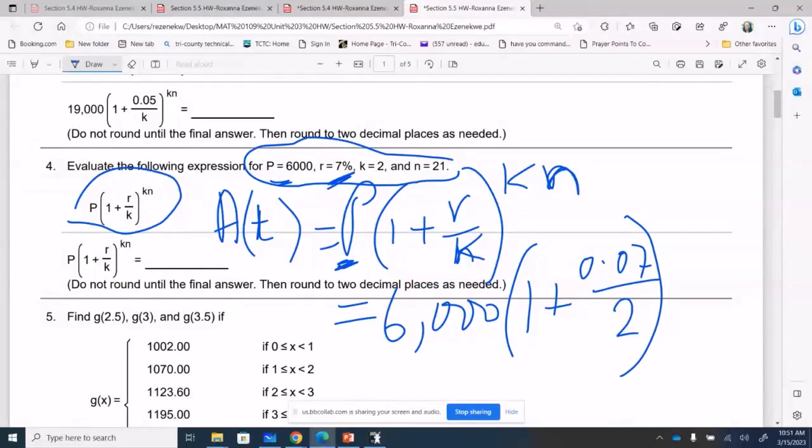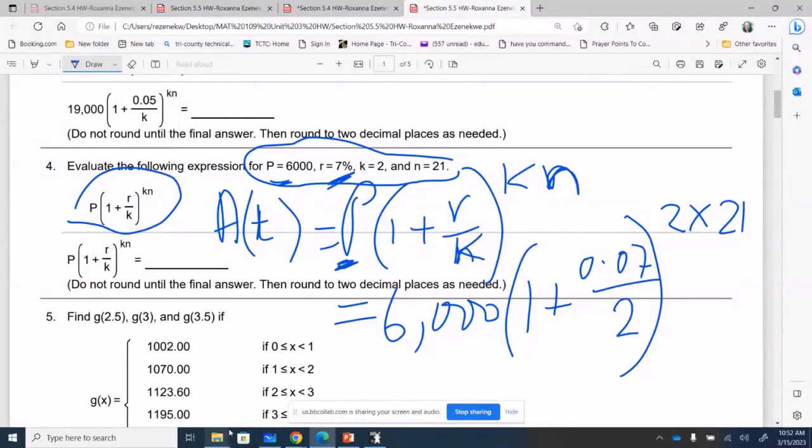Semi-annually, or twice a year. Then you multiply, you come over here and put k times n, the number of years. And then you put this in your calculator and simplify. The rest is history because this is just evaluation.